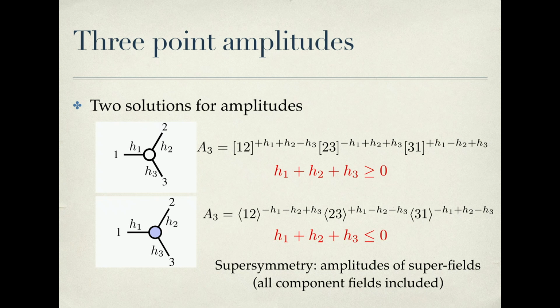If you solve these relations, you get these three remaining square brackets with these powers of h, where h is the helicity of these three particles. And this applies when the sum of helicities is bigger than 0. When it's smaller than 0, we have the other option, the other solution to 3-point kinematics.